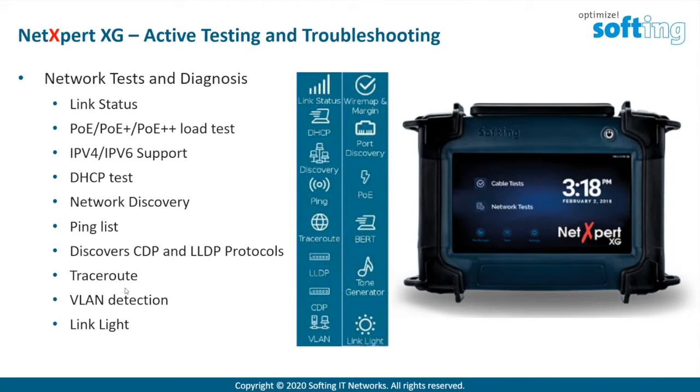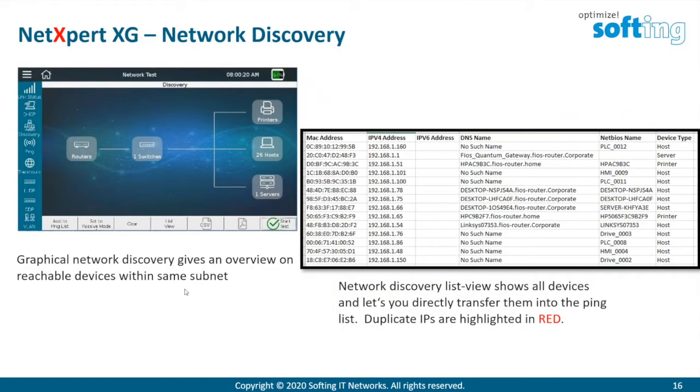Trace route, VLAN detection, and simple things like flashing the link light on an Ethernet switch so you know which cable to disconnect. These are all additional tools built into the basic XG.